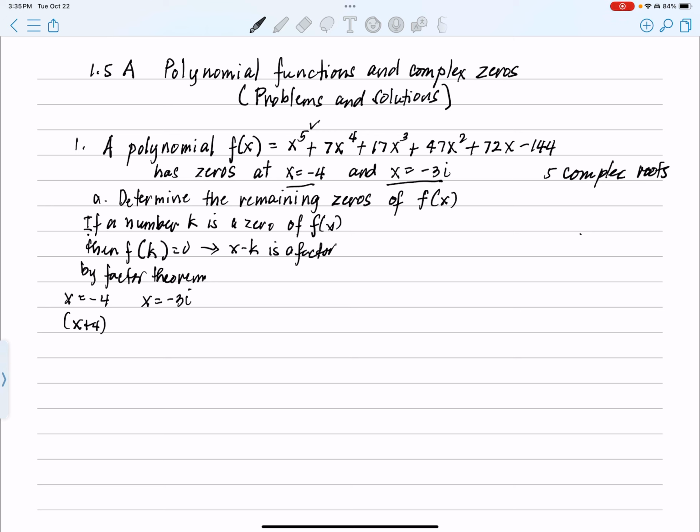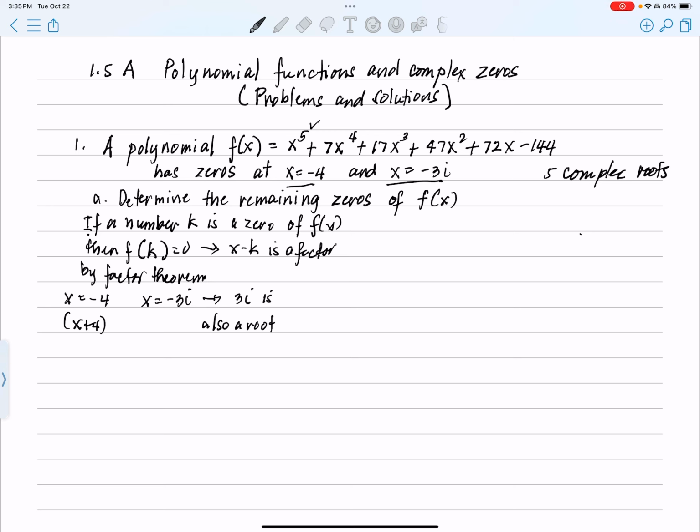Since the polynomial has real coefficients, then we can apply the complex conjugate theorem, which says if negative 3i is a root, then positive 3i is also a root, by the complex conjugate theorem.